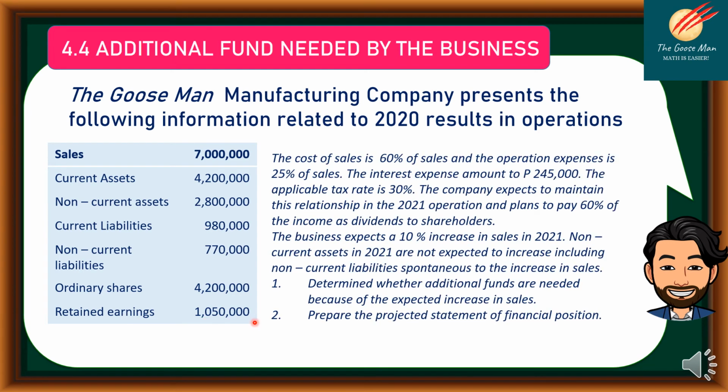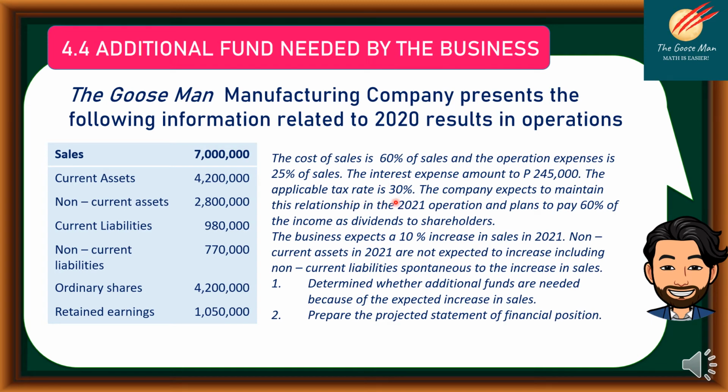In addition to that, the cost of sales is 60% of sales, and the operating expenses is 25% of sales. The interest expense amounts to 245,000. The applicable tax rate is 30%.